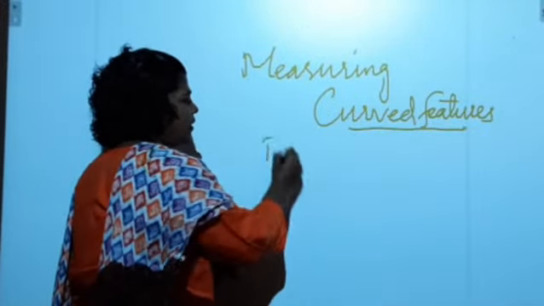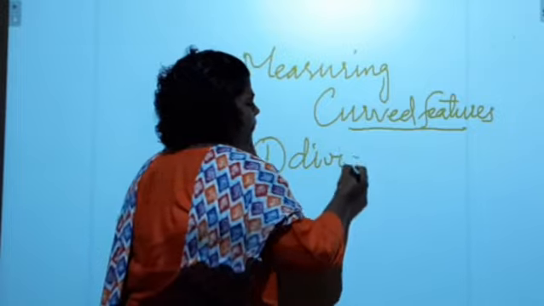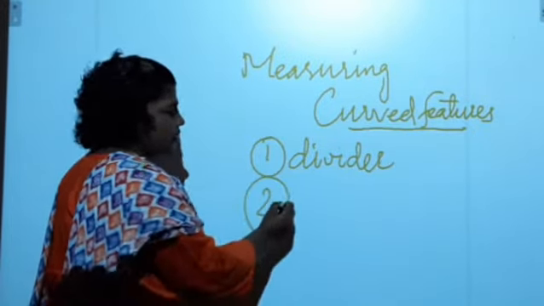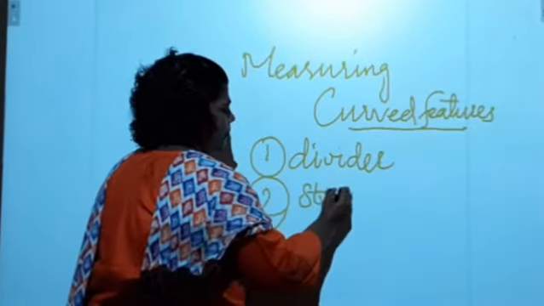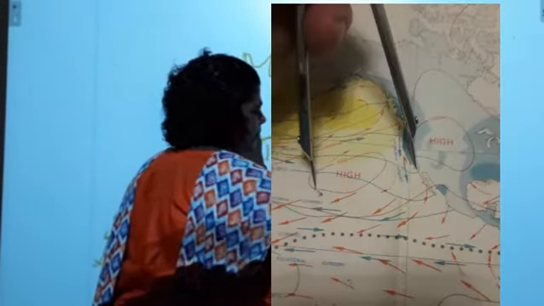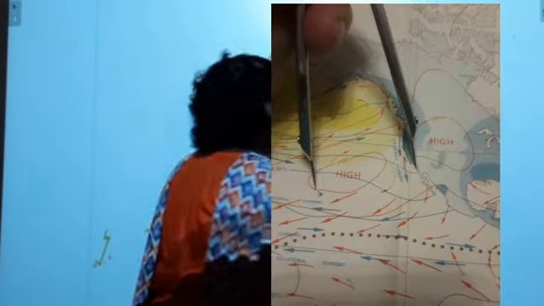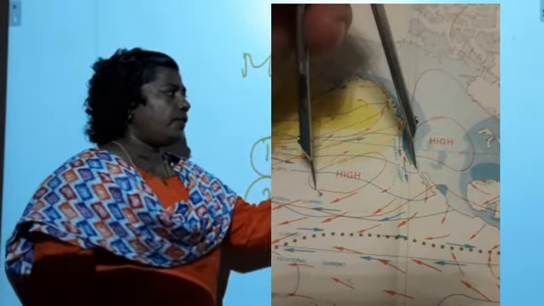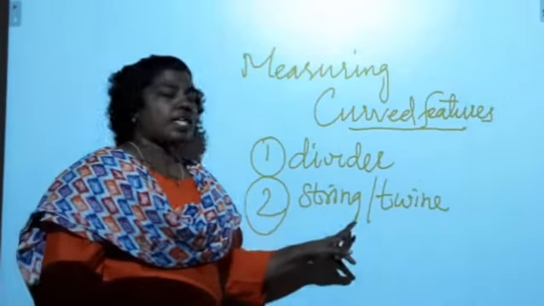The first one is the divider method, and the second method is the twine or string method. What are the two methods used to measure the curved features? One is the divider method and another one is the string method.